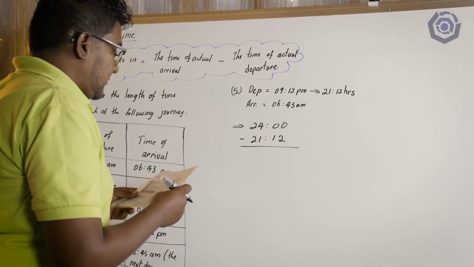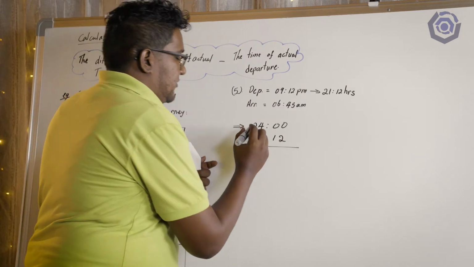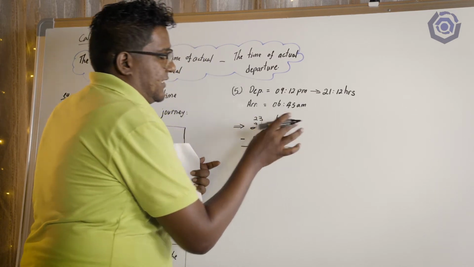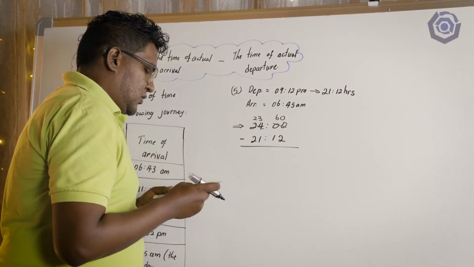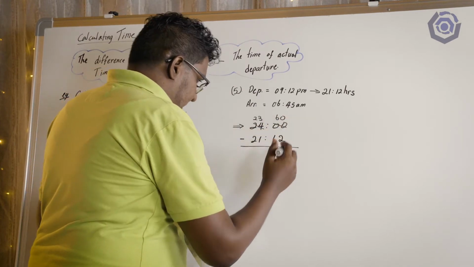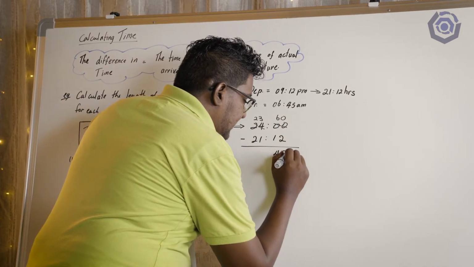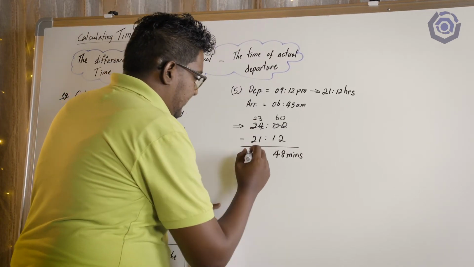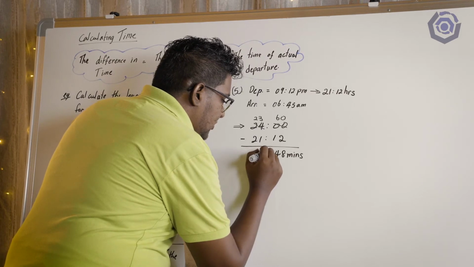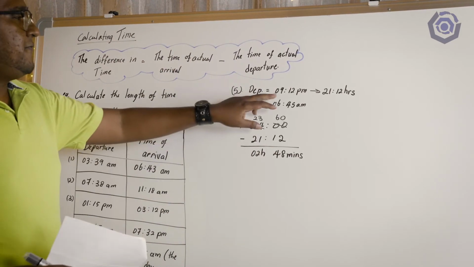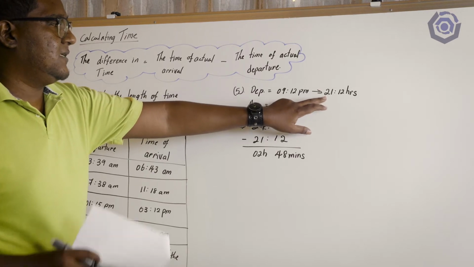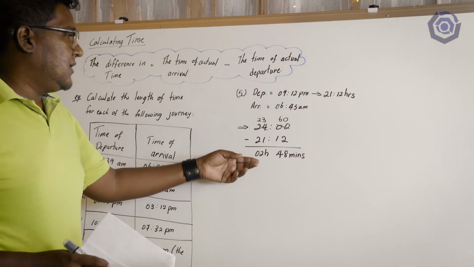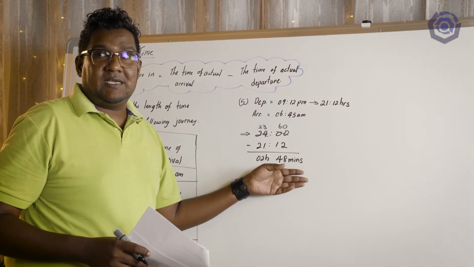And here, 12, we cannot take 12 from 0, so this becomes 23, and this becomes 60 because I'm taking 1 hour across. So 12 from 60 is going to give me 48 minutes, and 21 from 23 is going to give me 2 hours. Now, from 21:12 p.m. to 2400 hours, which is 12 midnight, the person took 2 hours and 48 minutes.